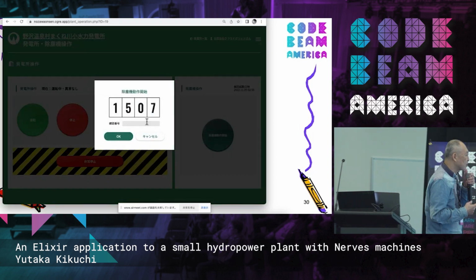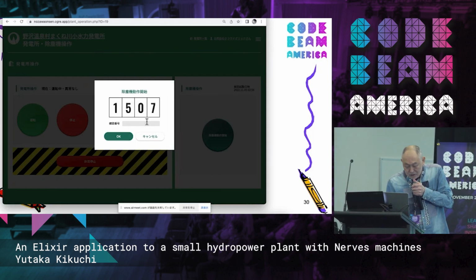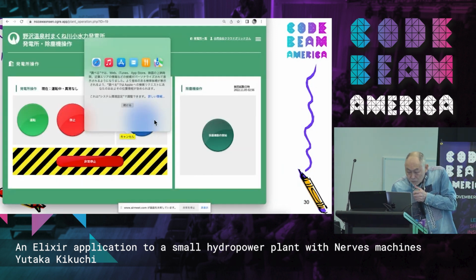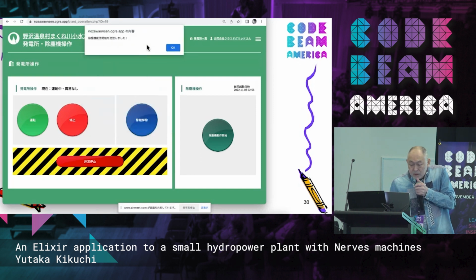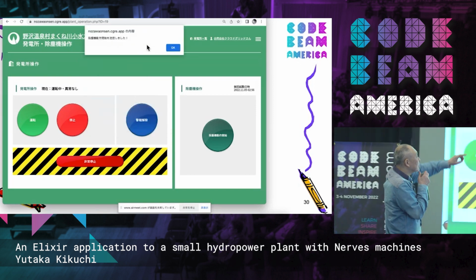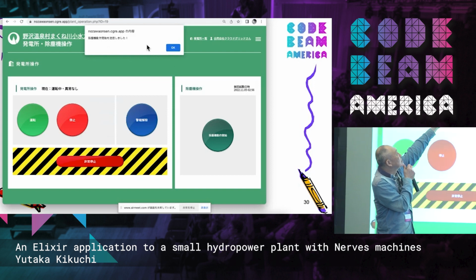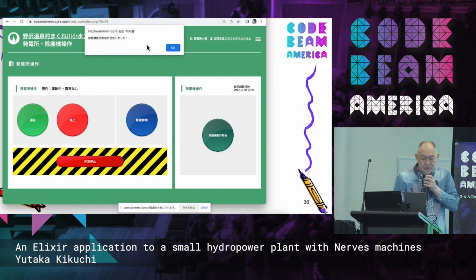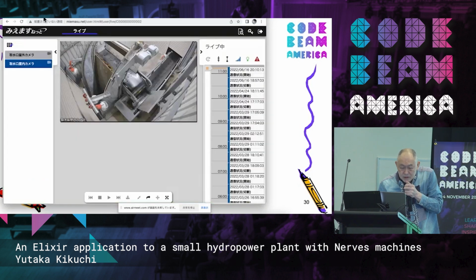This is a confirmation window. I must input the same as I saw, and OK. And this is a message in Japanese, which means the auto screen was started. So it really started.